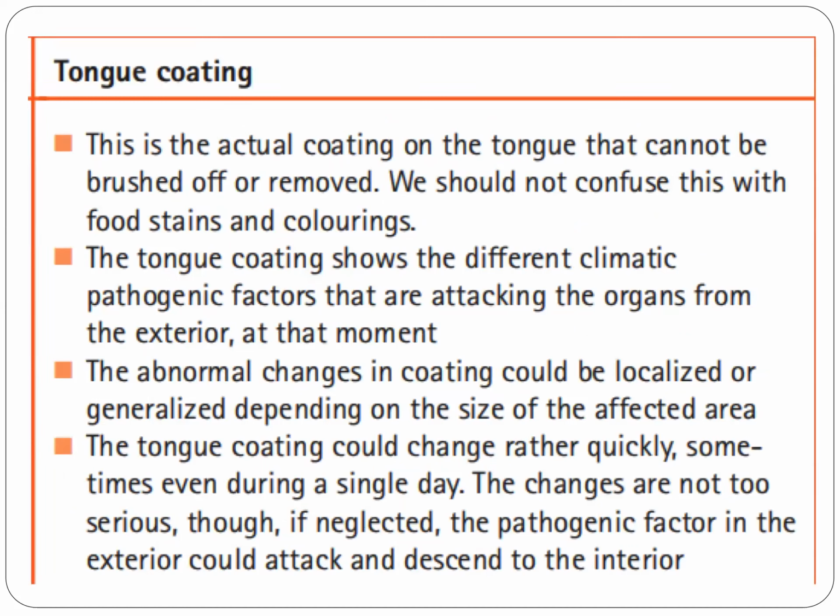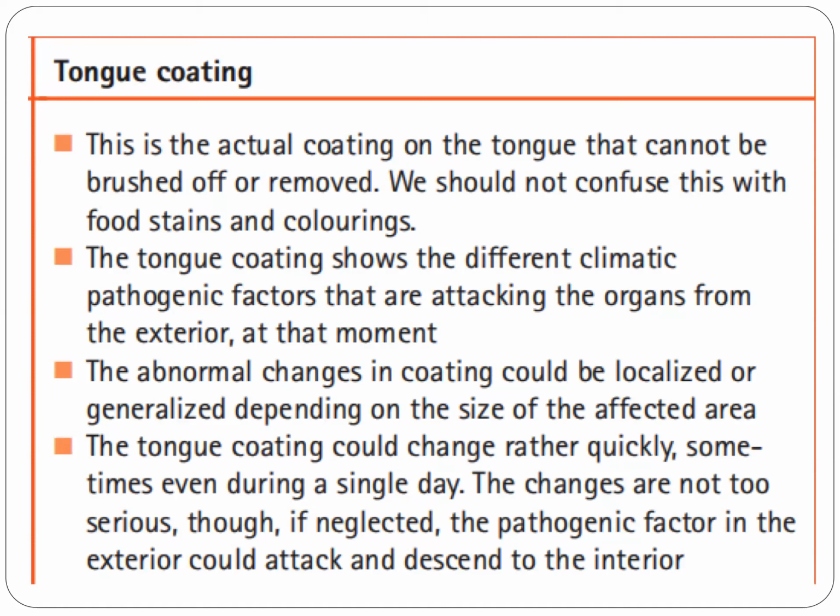This is the actual coating on the tongue that cannot be brushed off or removed. You should not confuse this with food stains and coloring, so let's take note of this. The tongue coating shows the different climatic pathogenic factors that are attacking the organs from the exterior at that moment.